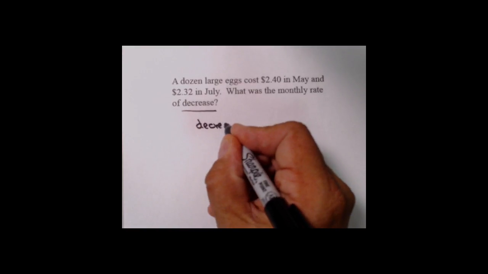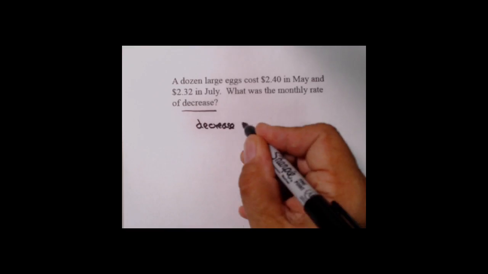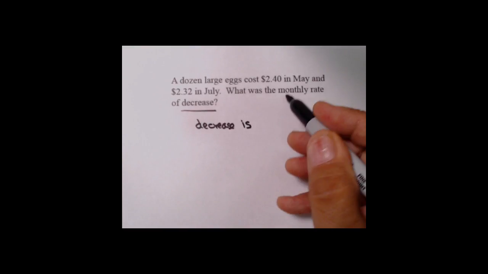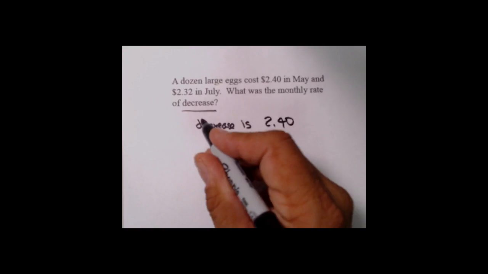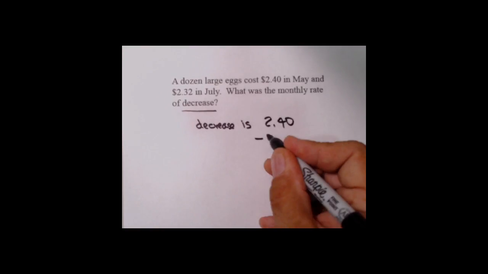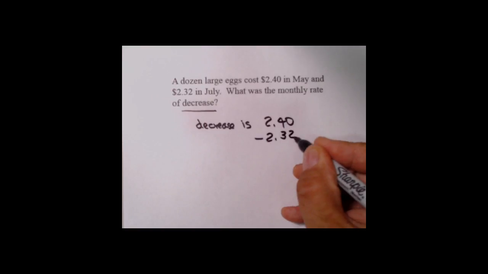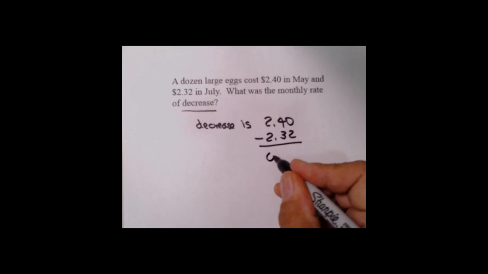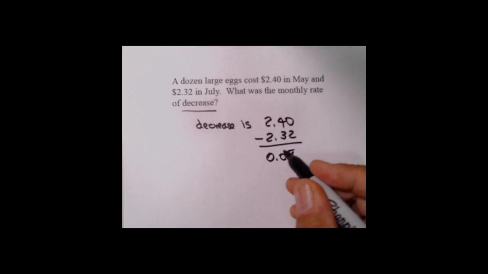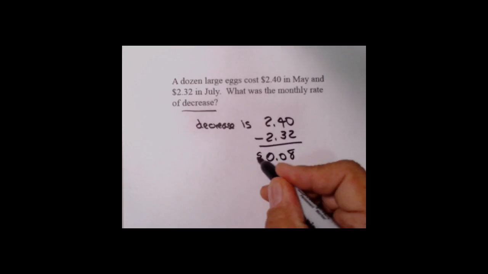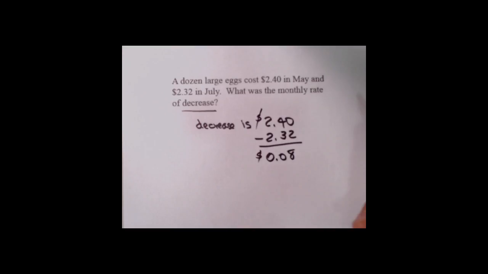The decrease is, well, let's see, we went from $2.40 down to $2.32, so the difference between those turns out to be 0.08, or 8 cents, but we're still writing it here in dollars notation because that's the way we were given the problem.